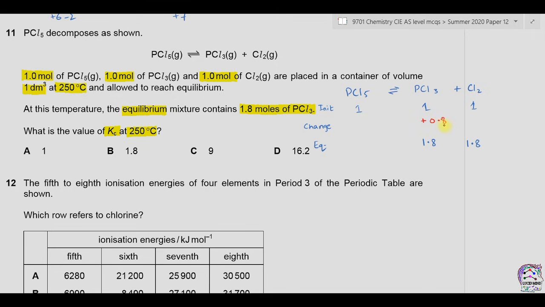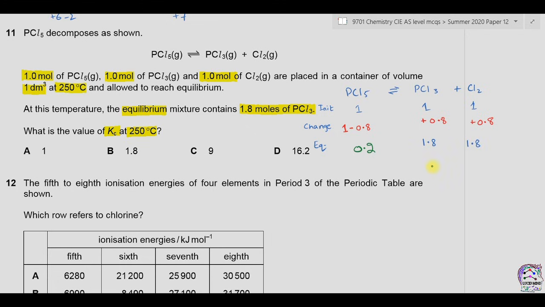The same amount of moles will be decreased from PCl5, so it will be 1 minus 0.8, and for Cl2 it is also an increase of 0.8 moles. At equilibrium we can write 0.2 moles of PCl5 are left, 1.8 moles of PCl3 is present and 1.8 moles of Cl2 is present.